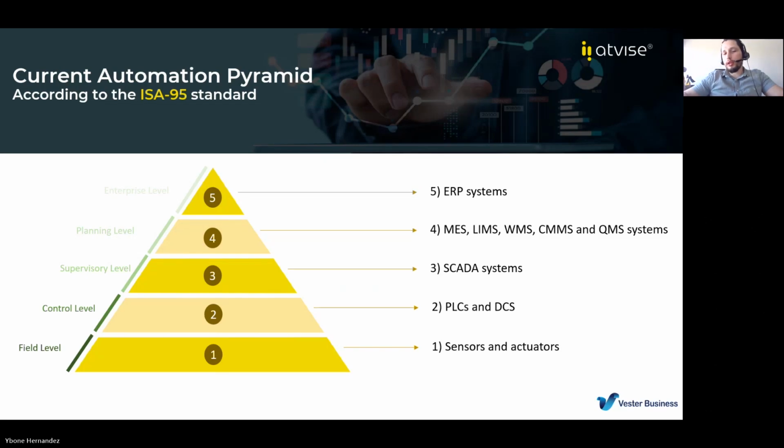Then PLCs and DCS in order to control or automate processes. And now the SCADA systems, which are some of the solutions that we provide, and we have other elements there. But there is an evolution.